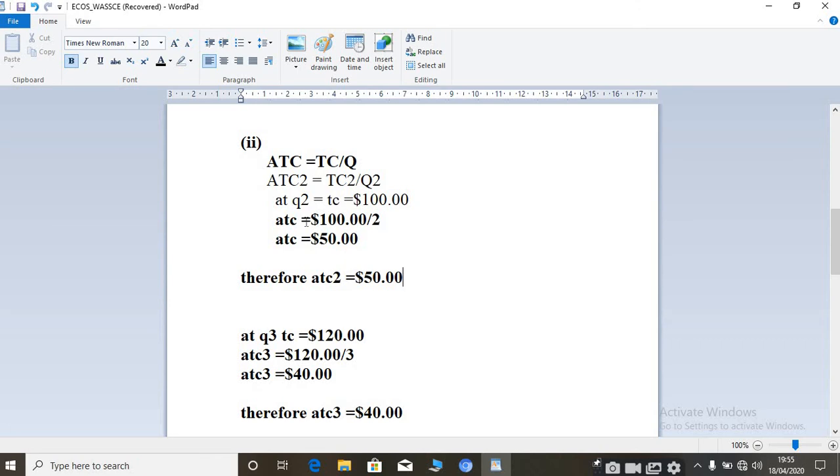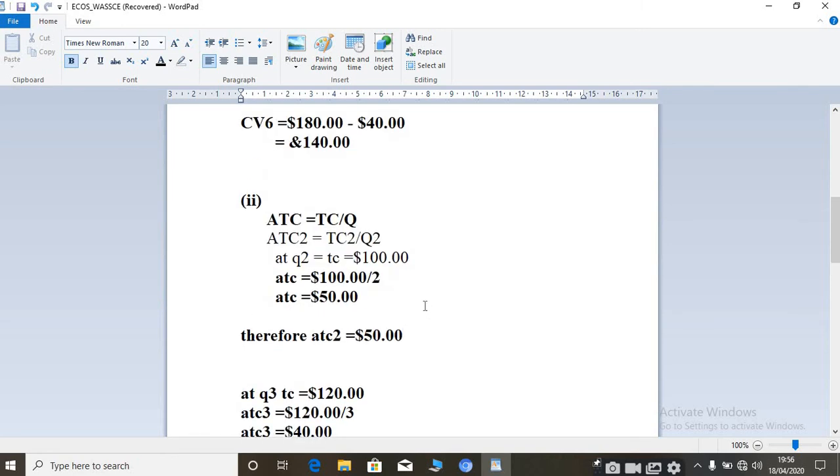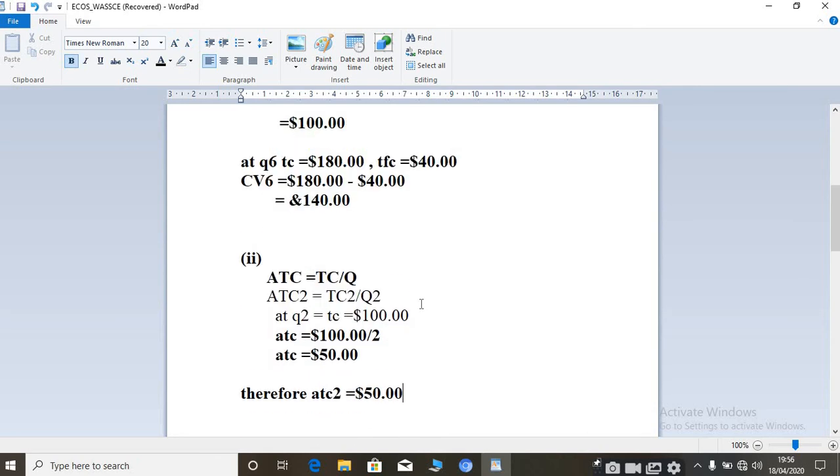Okay, so the average cost of producing a product. So this is the requirement for II under the A of question 1. We are asked to find the average total cost of producing quantity 2 and quantity 3.